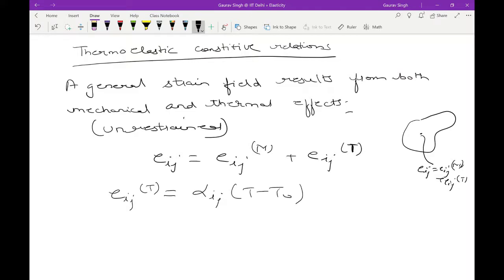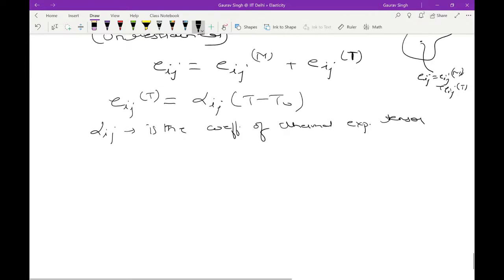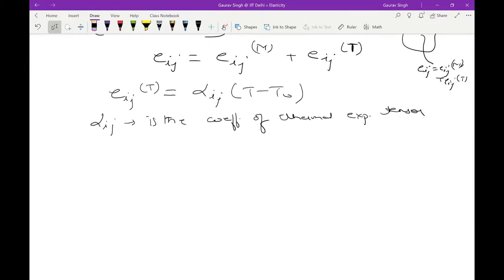Okay, where alpha ij is the coefficient of thermal expansion tensor. Okay, again, as soon as we call it a tensor, we know that it follows the transformation law of a tensor, and alpha ij clearly can have these 9 components. Okay, so alpha 11, alpha 12, and so on.